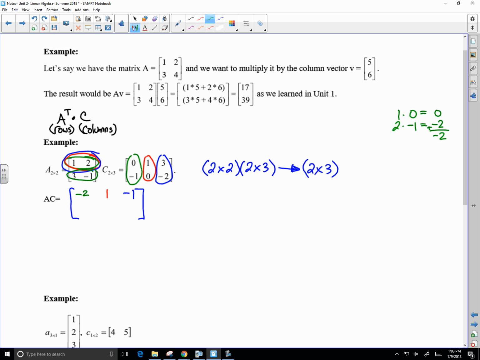And then just repeat the process. Zeros are helpful. 3 times 0 is 0. -1 times -1 is +1. The sums are 1. 3 plus 0, and then 9 plus 2.